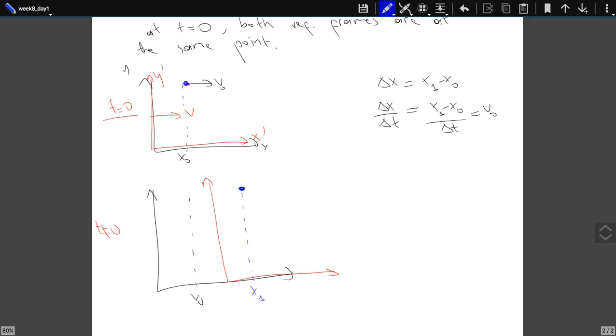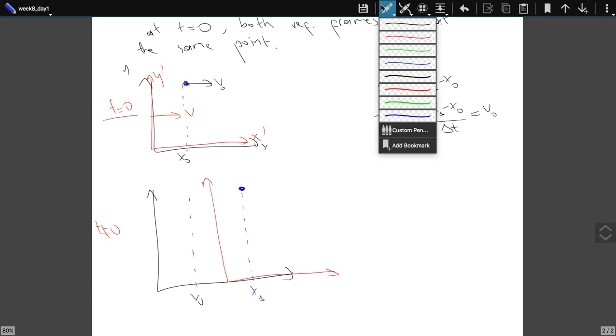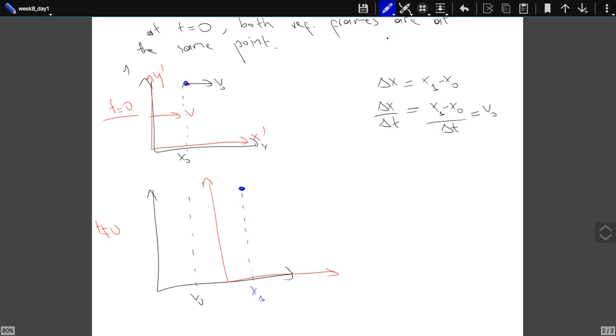Now let's look at the second reference frame, the red one. According to the red one, initially it's at the point x0.